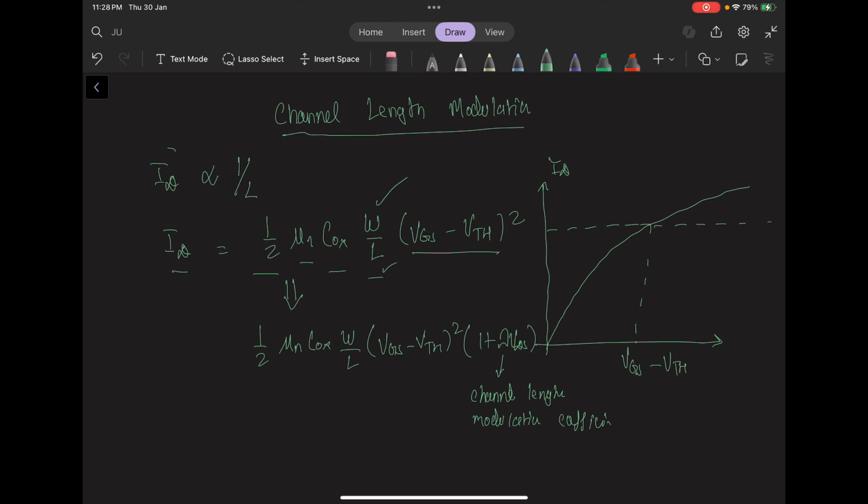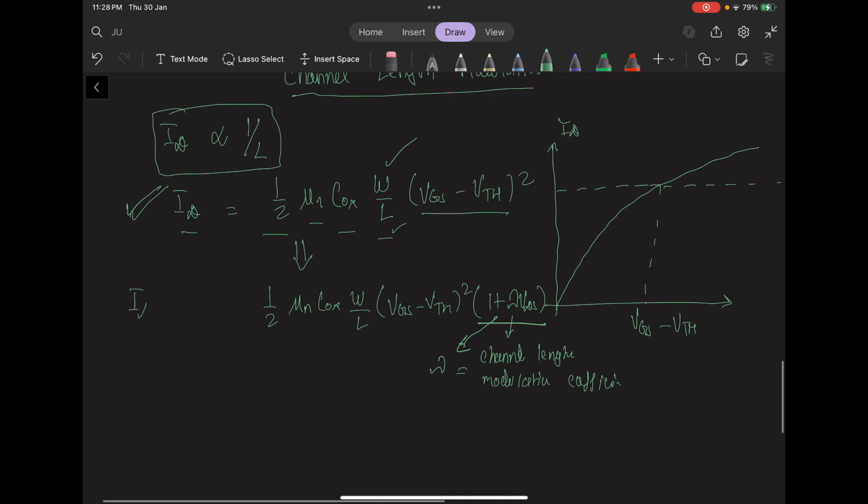However, since ID also starts to vary with channel length, we add the term 1 plus lambda VDS to this current equation, and lambda here is known as the channel length modulation coefficient. Keep in mind that for an ideal MOSFET, we will always use the first equation, and the majority of the time this is what comes.